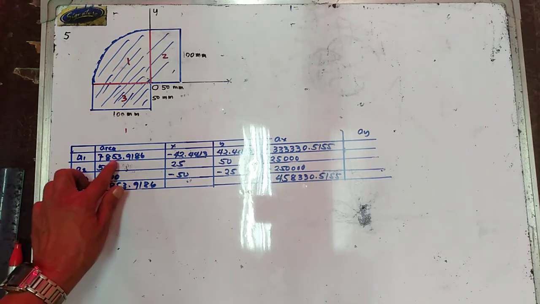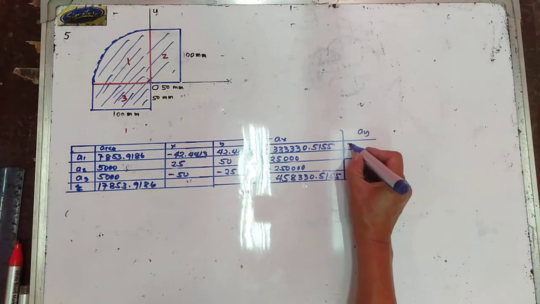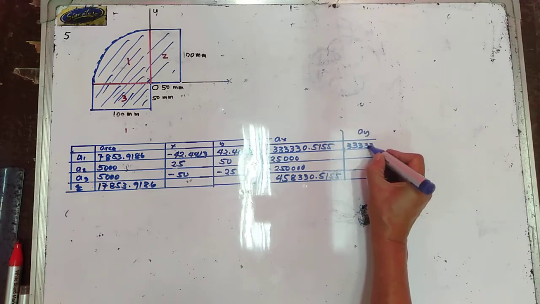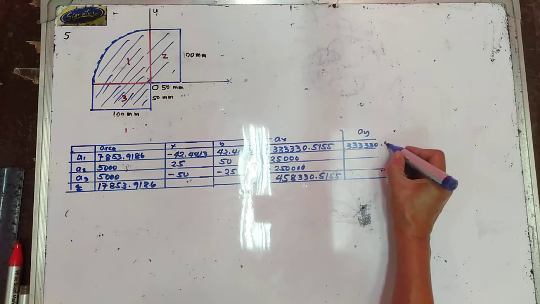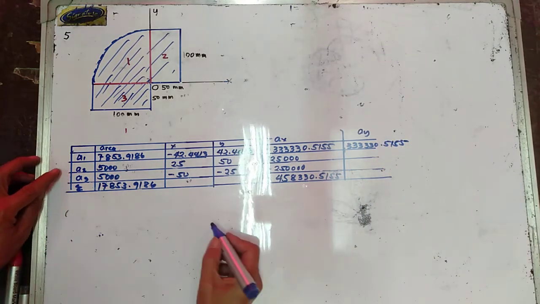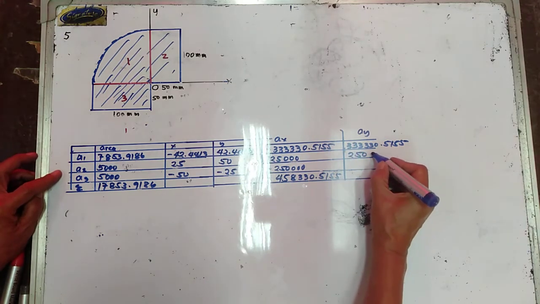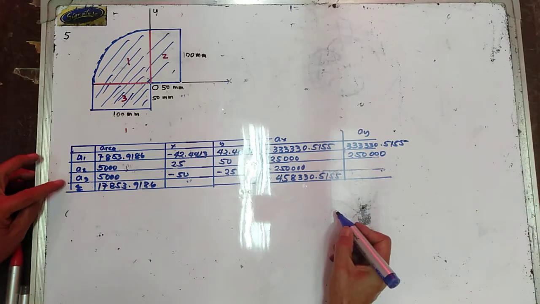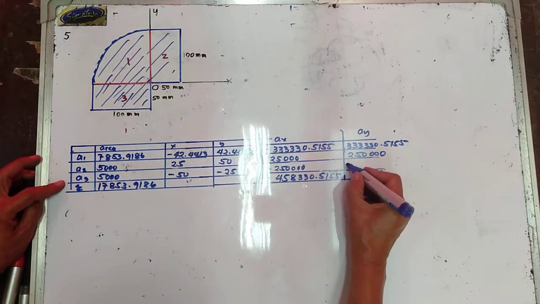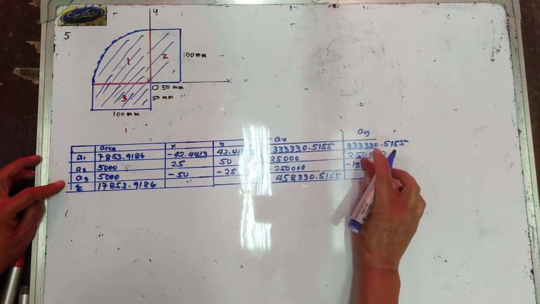Now, let's try to determine the value of AY. So again, 7,853.9186 by positive 42.4413 is 330.5155. 5,000 by 50, so we have 250,000. 5,000 by minus 25, so we have minus 125,000.